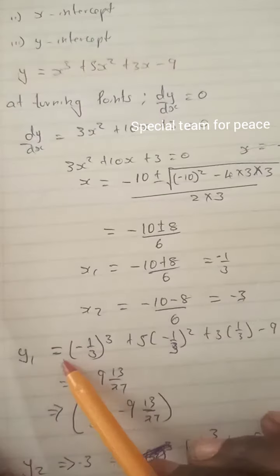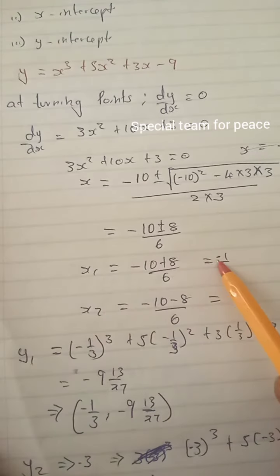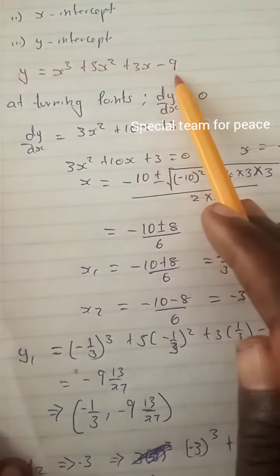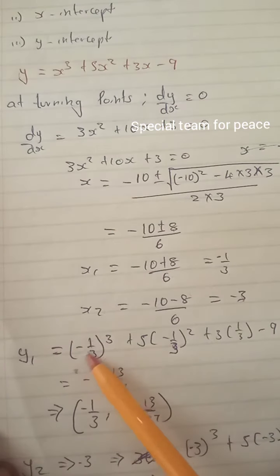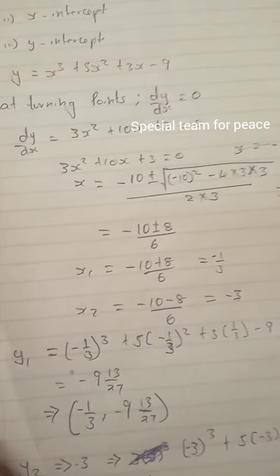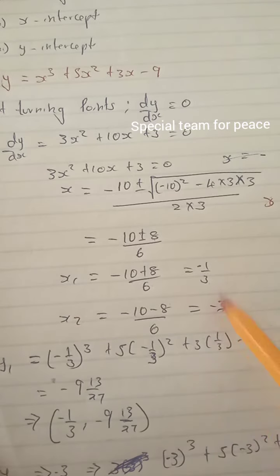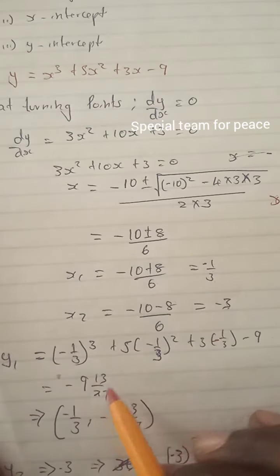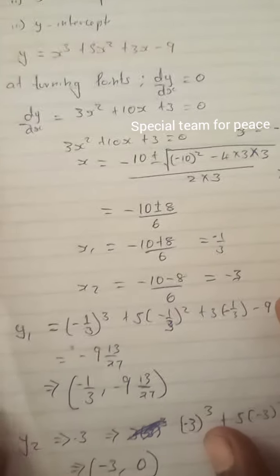And therefore, we are also supposed to find the y1, which corresponds to the x1. Remember, you simply substitute the value of x1 in the original function, which is given by y is equal to this one. So therefore, you end up with negative a third cubed plus 5 in bracket negative a third squared plus 3 in bracket negative a third, minus 9, which leaves you with negative 9 and 13 over 27.